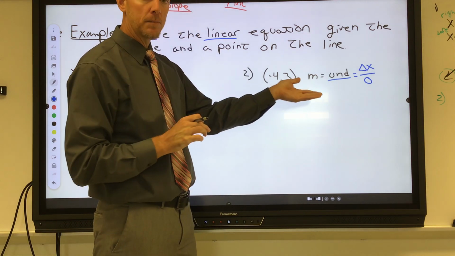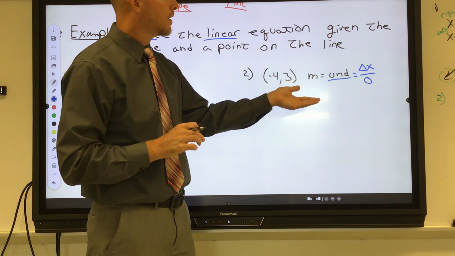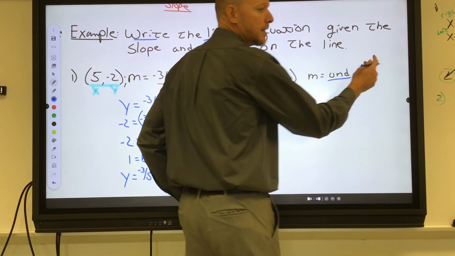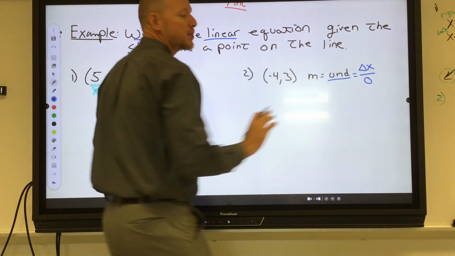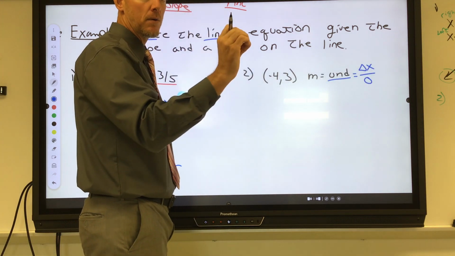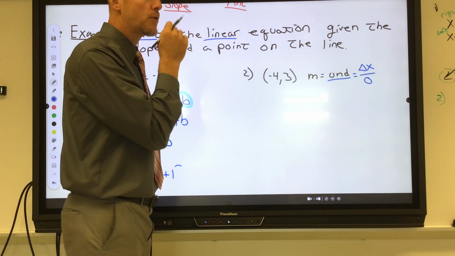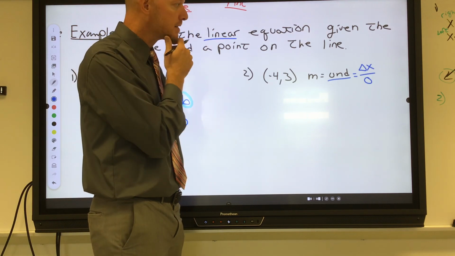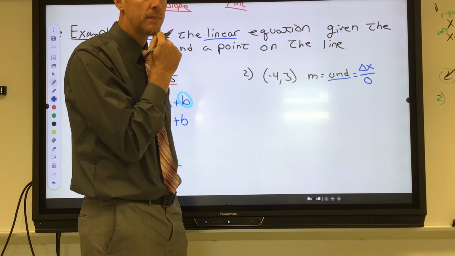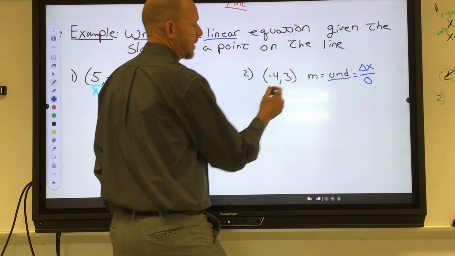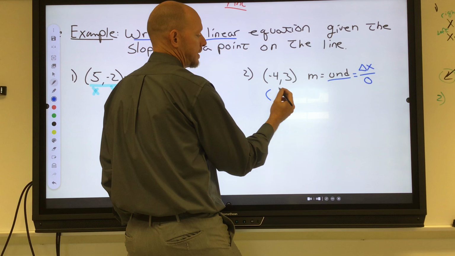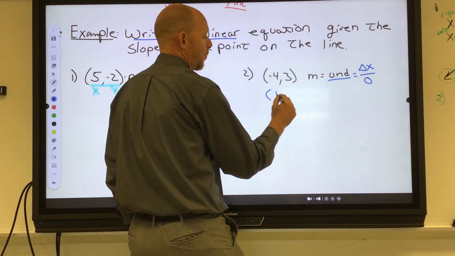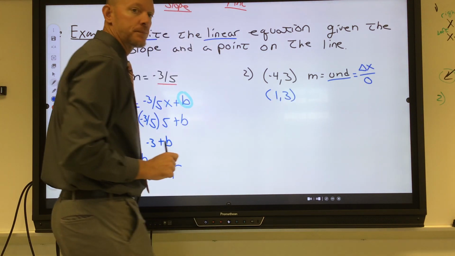What this is telling me is that there is no change in x, while my change in y is 0, meaning the y value stays consistent the entire time. Let me check with another point on that line, say 1, 3.